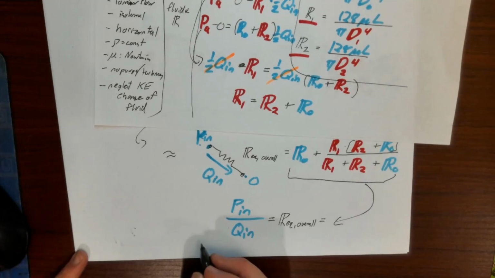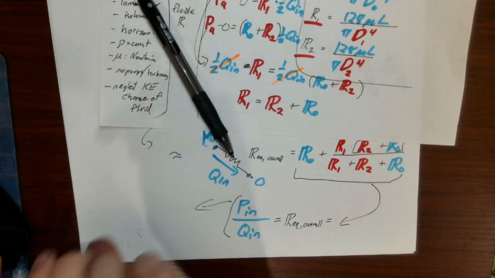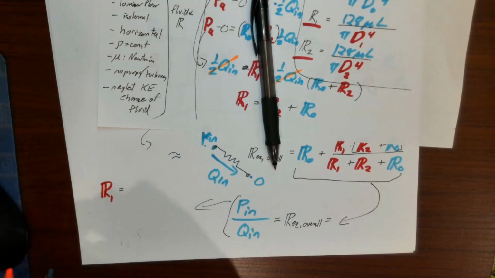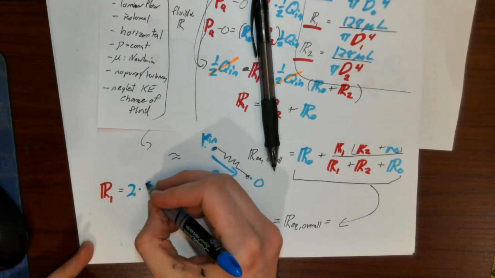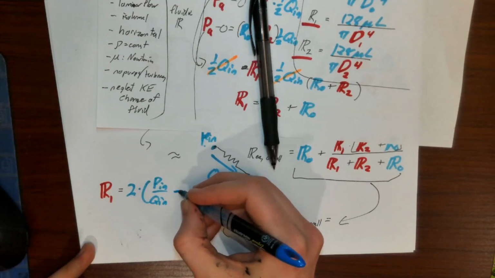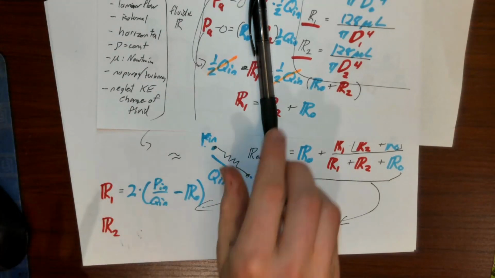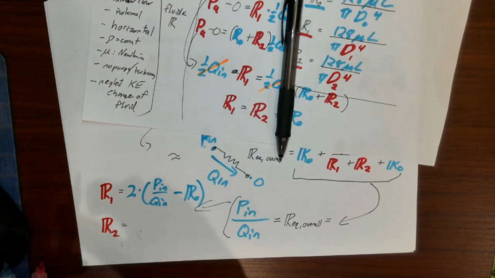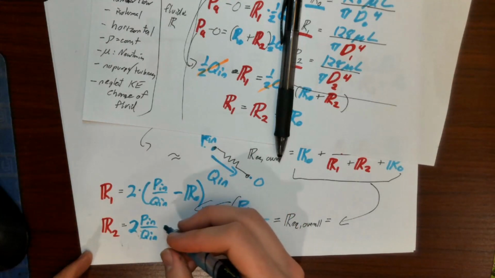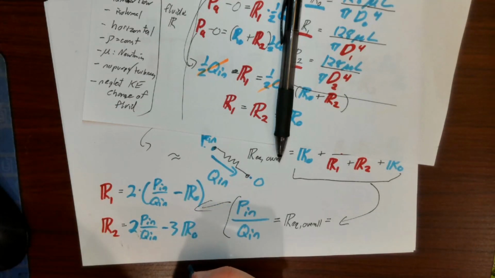How do we go about actually solving it? Well, I'm not going to bore you with all the details, but if you churn through them, your desired R1 ends up being equal to 2 times P in over Q in minus R0, and your desired R2 ends up being equal to 2 P in over Q in minus 3 R naught, if I'm reading my notes correctly.